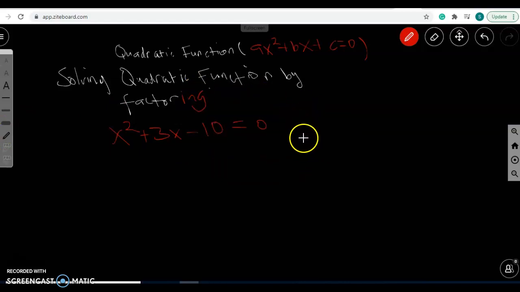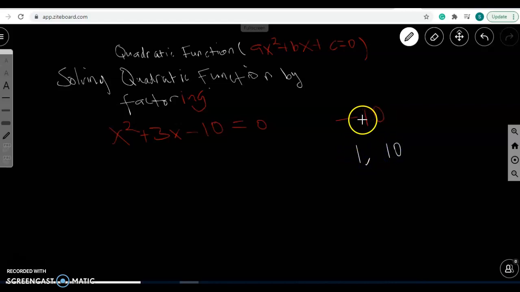Factors mean the multiplication. Okay, so the process: we have x squared plus 3x minus 10 equals 0. Always you're looking for two numbers that multiply to give you the c. Here the c is -10. So you're looking at what numbers multiply to give you 10, which is 1 and 10.